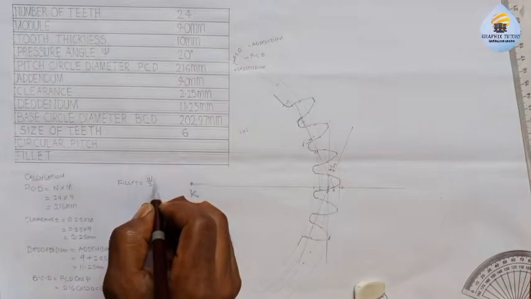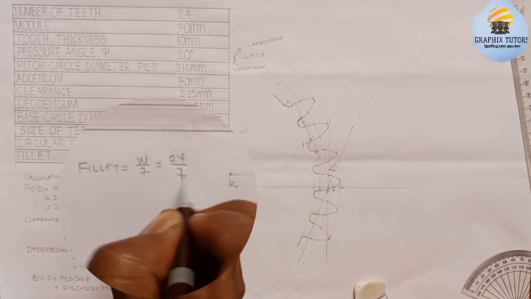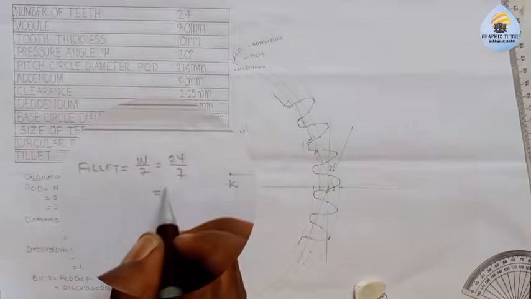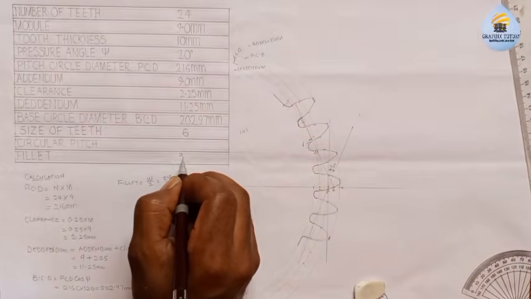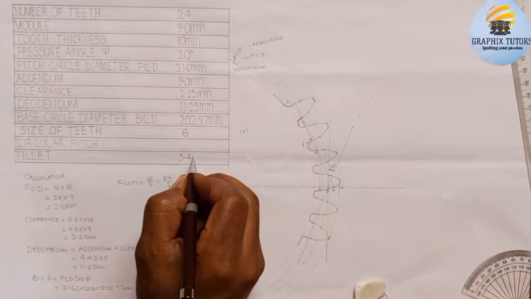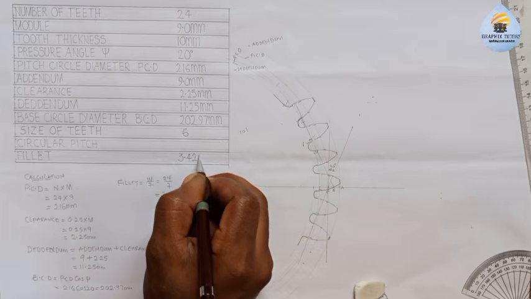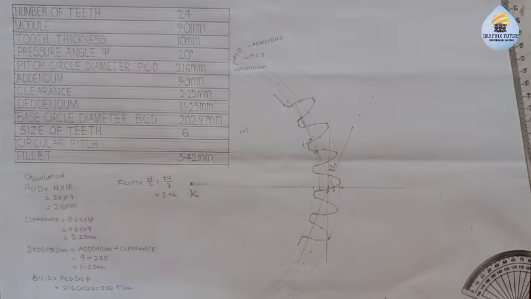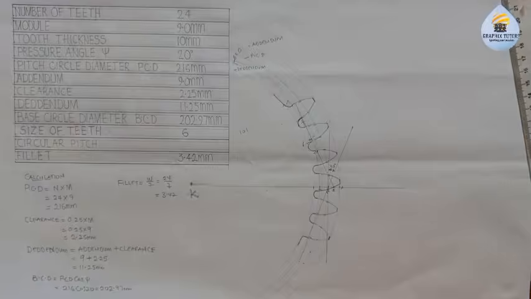That is, we calculated it to be 24 all over 7, and that will give us 3.42 millimeter. So we have successfully drawn our gear, right?